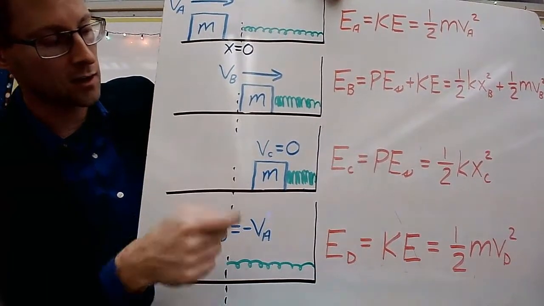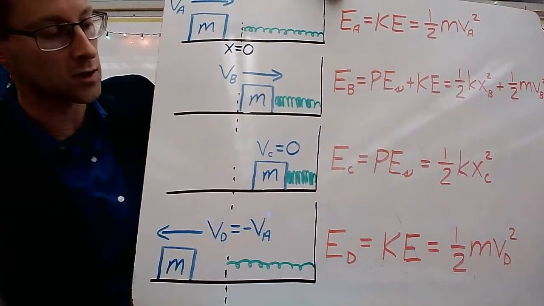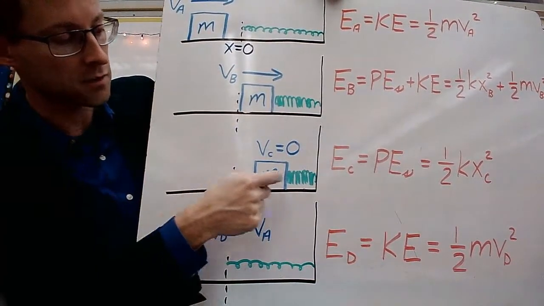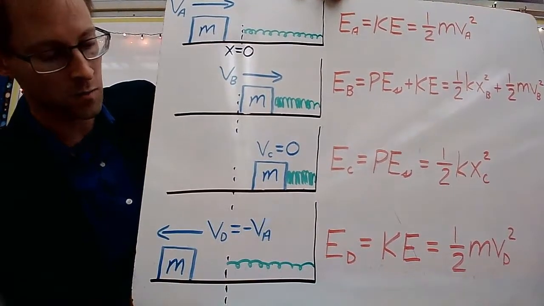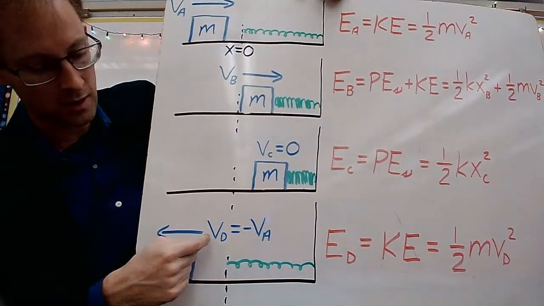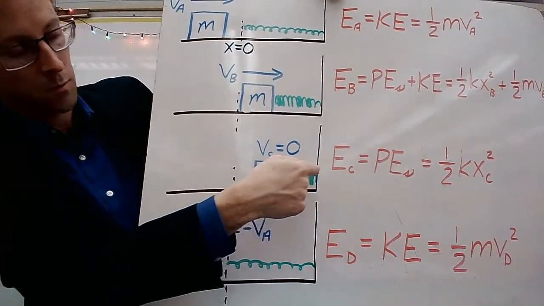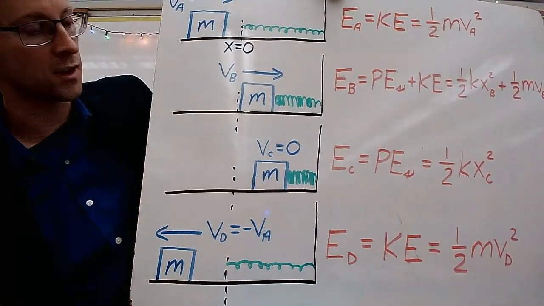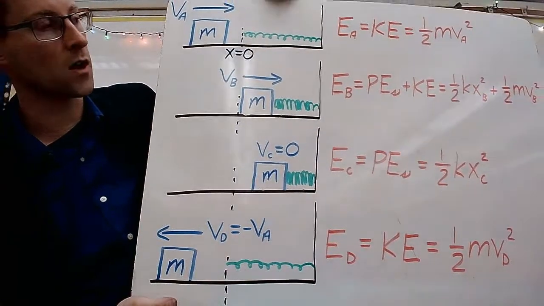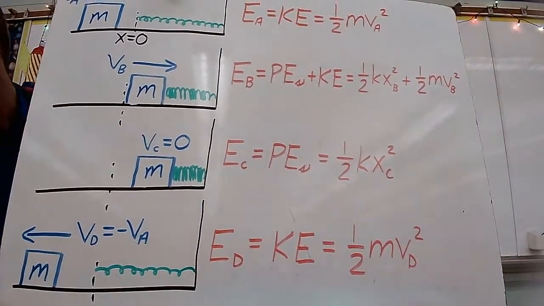And down here in letter C, where the velocity is now equal to 0, this mass has fully compressed that spring to the point where it's not going to compress anymore. And letter D here, that's just after the spring has pushed back and released the mass to the left. So I just want to walk through a little bit what's going on with the energies in these equations.